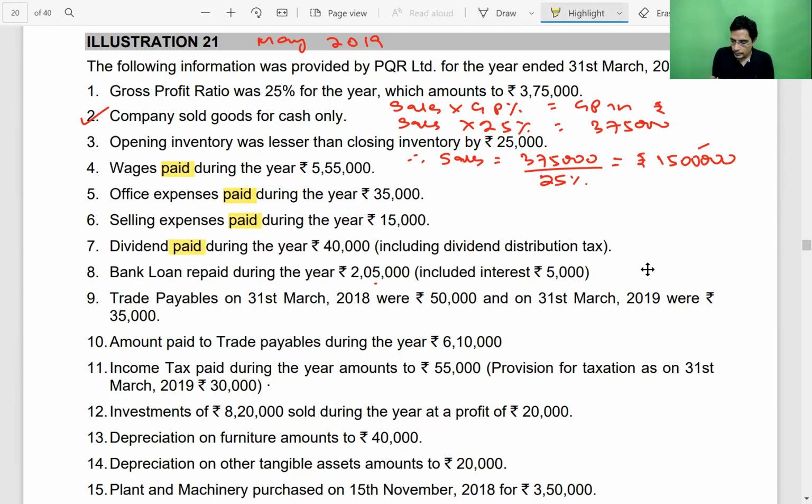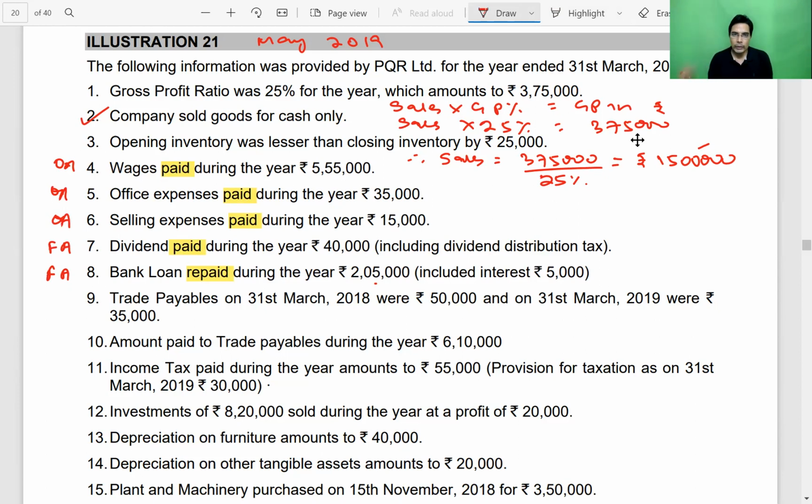Dividend paid during the year, bank loan repaid. Wages paid, operating activity; office expenses, operating activity; selling expenses, operating activity; dividend paid, financing activity; bank loan repaid, financing activity. The difference between opening and closing balance of trade payables would be considered in working capital changes.